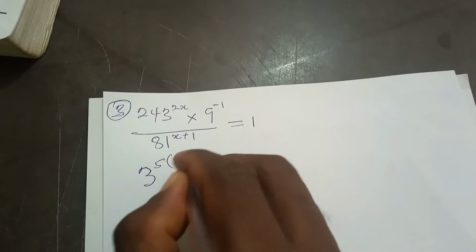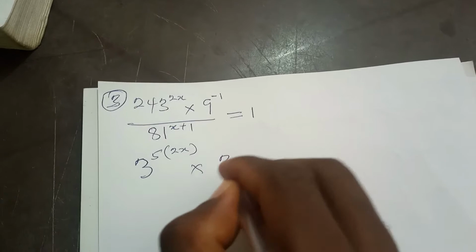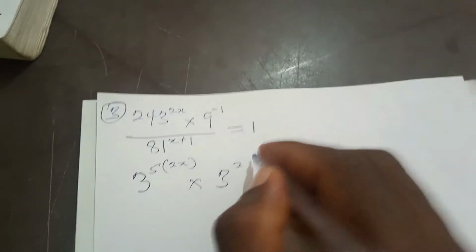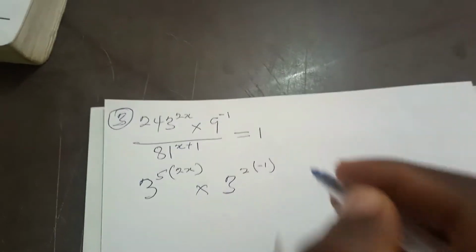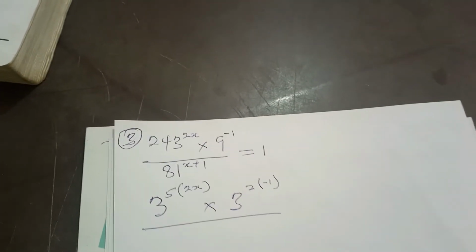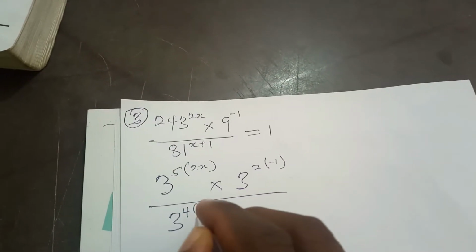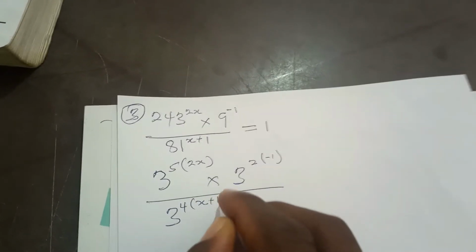Remember, there's a 2x there. Then times 9 is 3 squared. There's negative 1 there. All over 81 is 3 exponent 4. Then we have x plus 1 there.